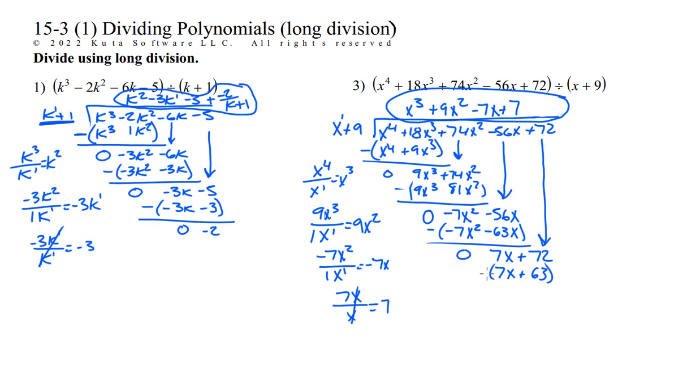But we are subtracting that whole thing, so 7x minus 7x is 0. 72 minus 63 is 9. So 9 is our remainder. Plus 9 over x plus 9. Okay?